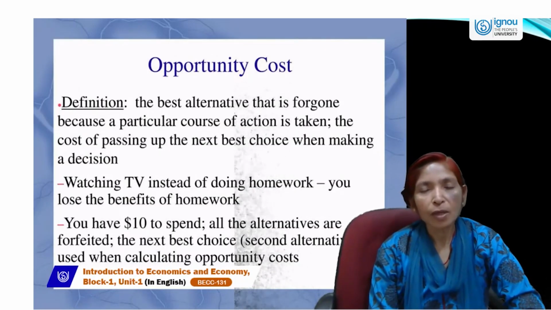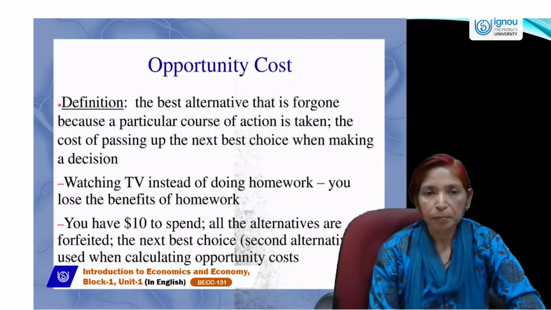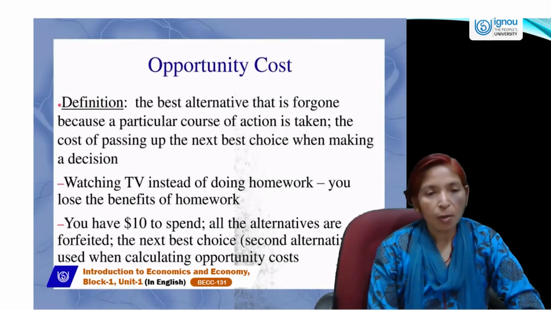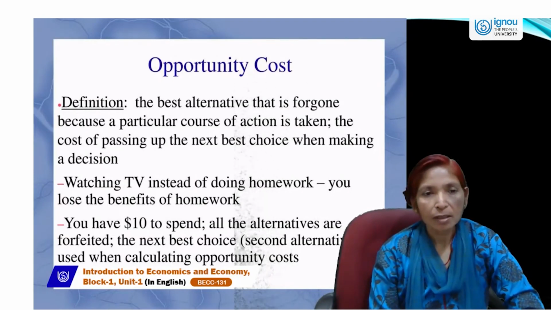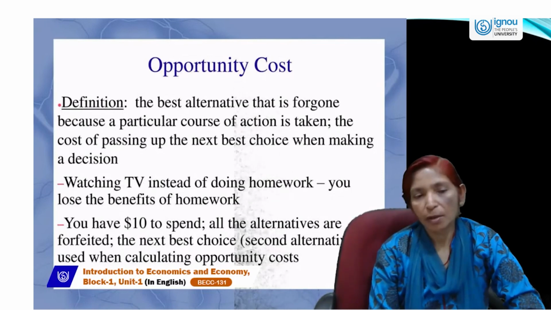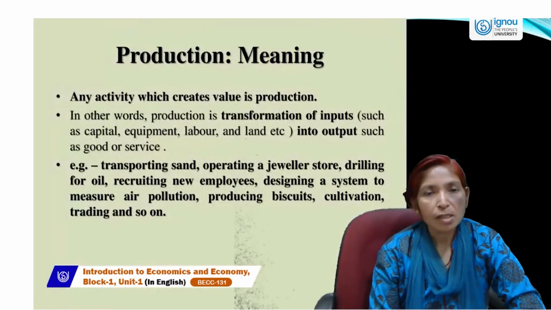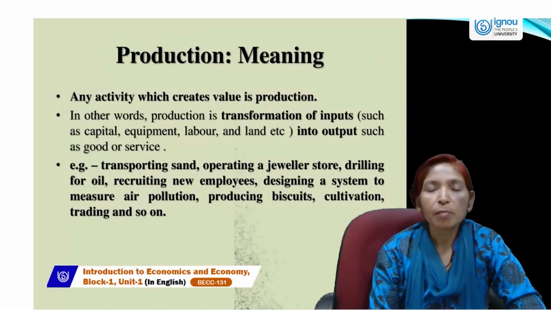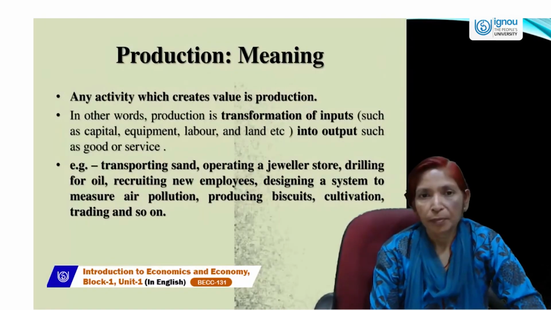Opportunity cost is also known as transfer earning. So, opportunity cost is also known as the best alternative which we have to forgo for taking one action or one option. Next is production. What is the meaning of production?